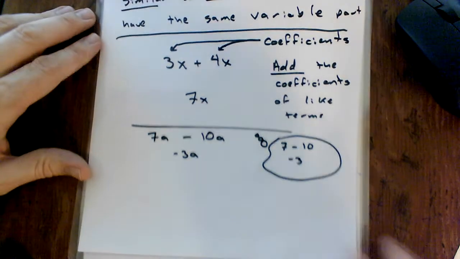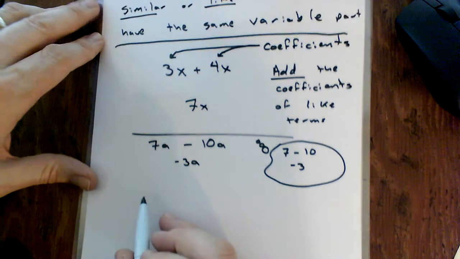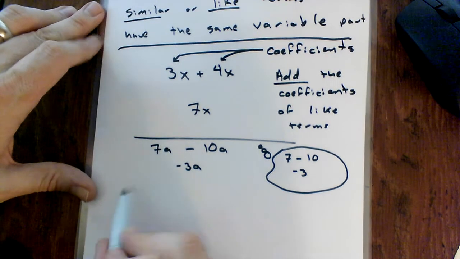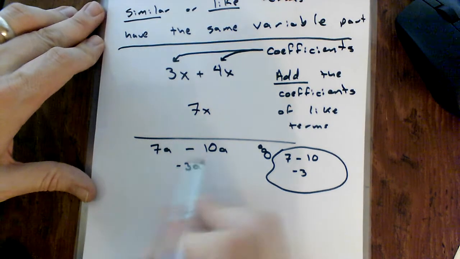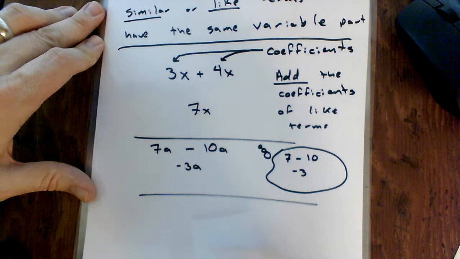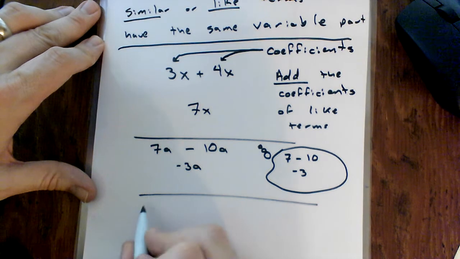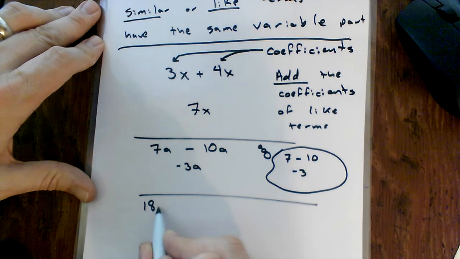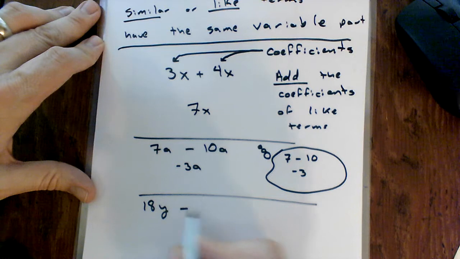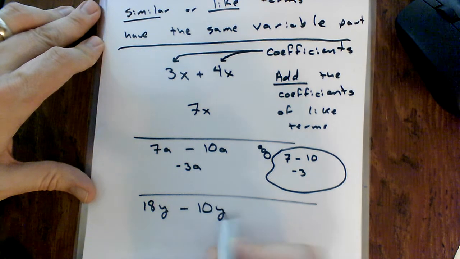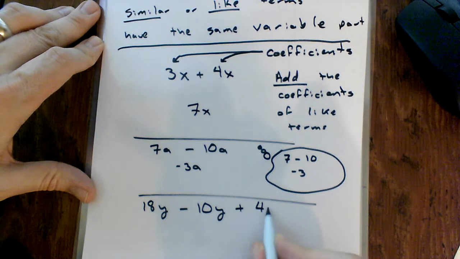I could just as easily work with more than 2 terms. I could do something like, say I've got 18y, then minus 10y, and then plus 4y.